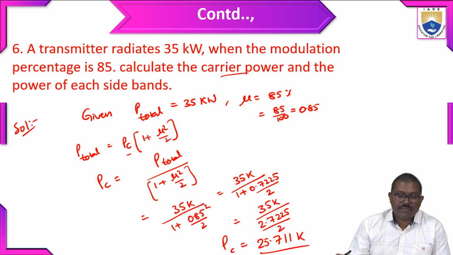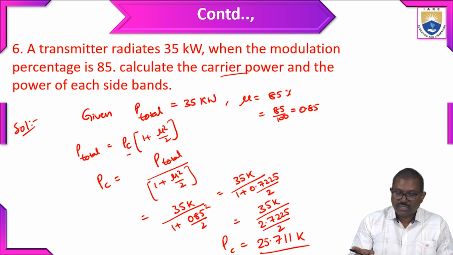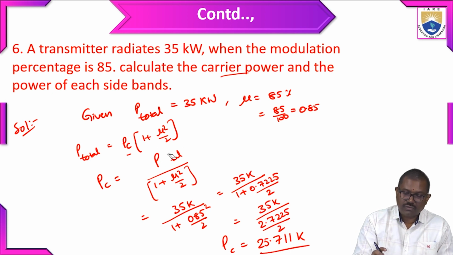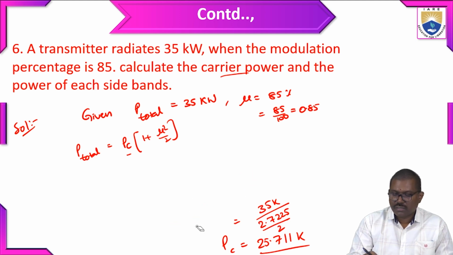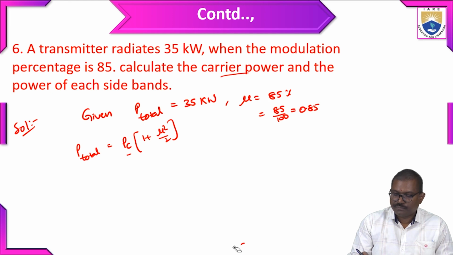And the second one is the power of each sideband. Here I am going to erase this and solve the second part.